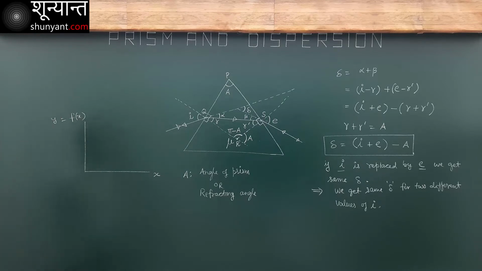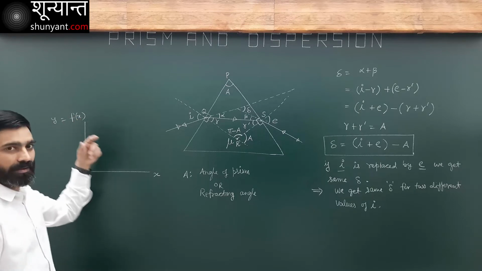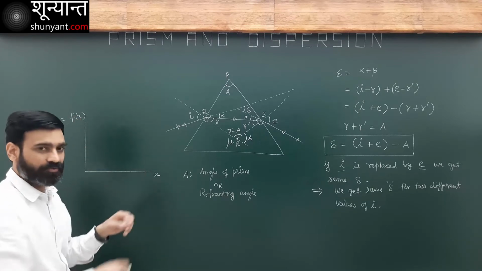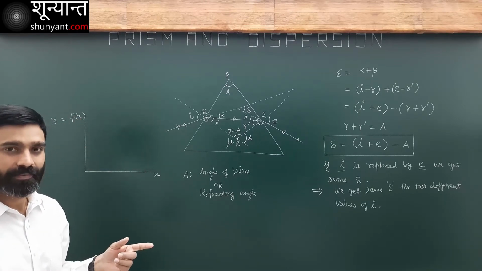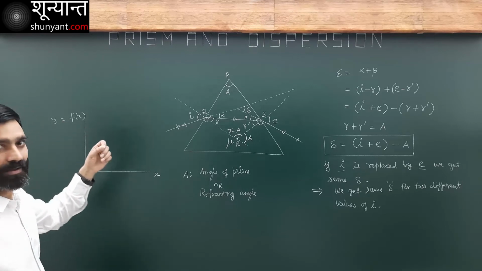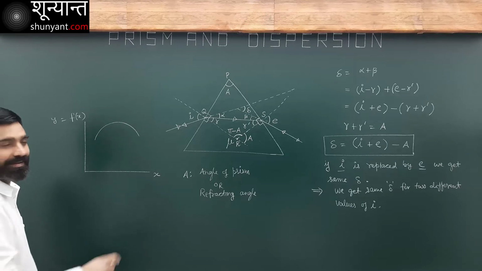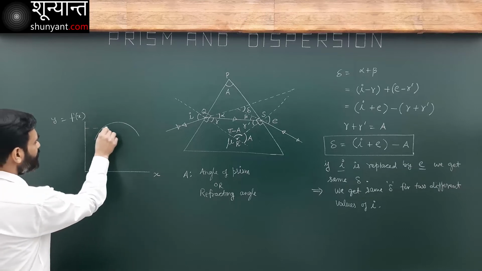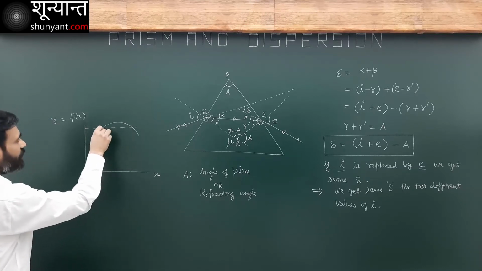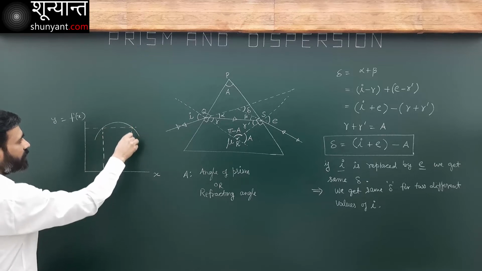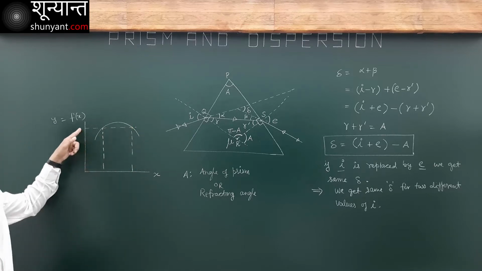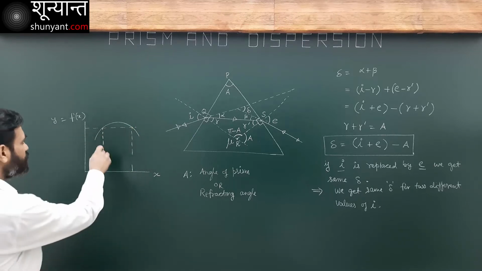Now this function has a property that for two different values of x, I am going to get the same value. That means the function is going to look either like this, where I get the same value for two different values of x, or it is going to look like this.